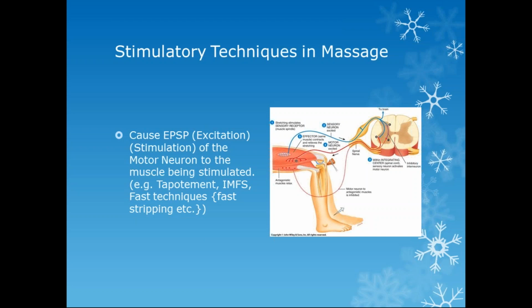So when you want to cause stimulation, you either do it really fast, or you use things like tapotement and IMFS, which are both done quickly, because you want to cause a fast stretch on the muscle cells, which would cause the stretch reflex, causing the muscle to contract. So anything that you want to be stimulatory.